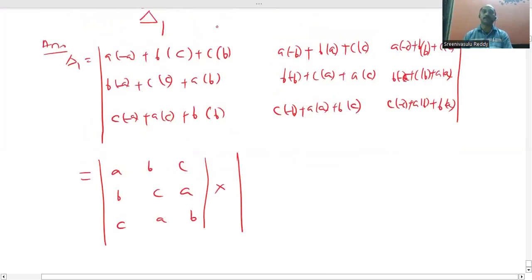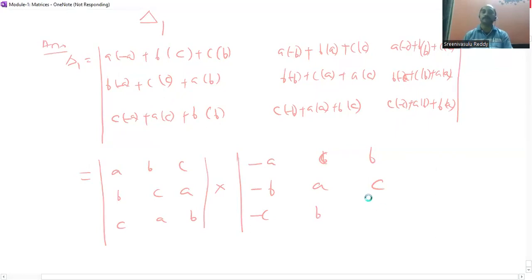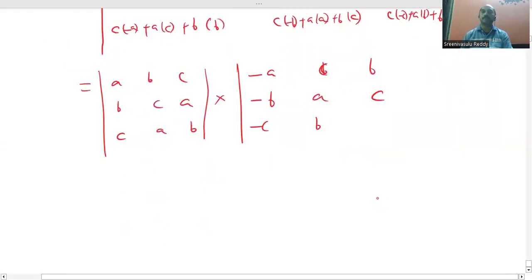First row value is minus A, C, B. In the first column we use within the braces minus A, C, B. In the second column we use minus B, A, C. The third column we use minus C, B, A. We are happy. But our intention is now we get the product of two determinants.